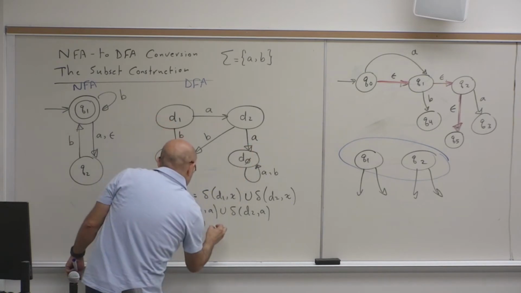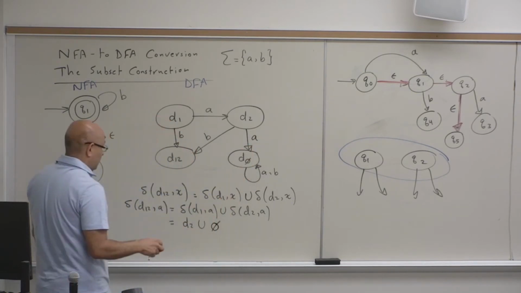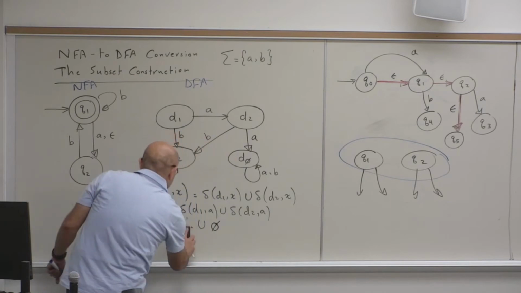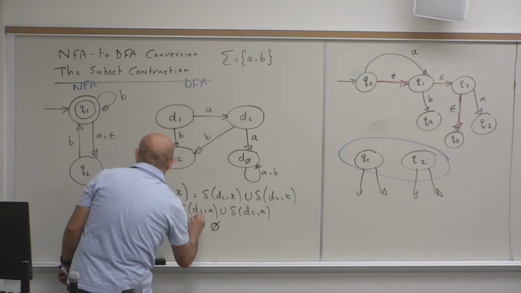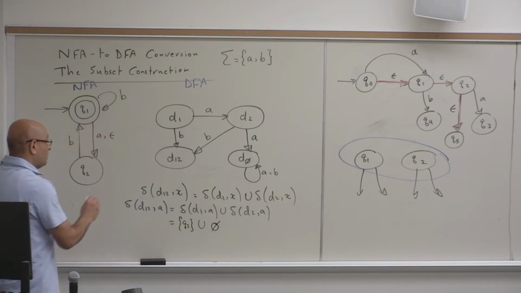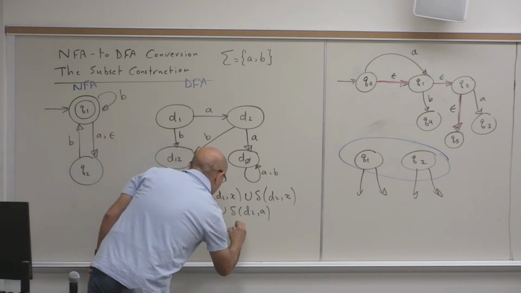Phi. So it's going to be phi. D2 is in fact the set Q2 union the set phi, and that's going to give you the set Q2.